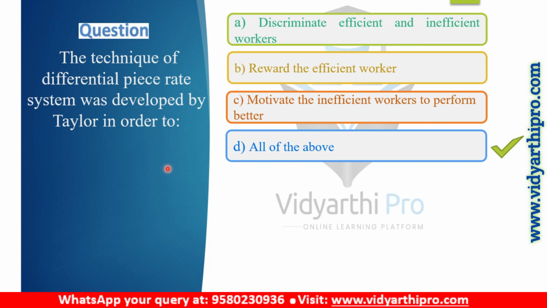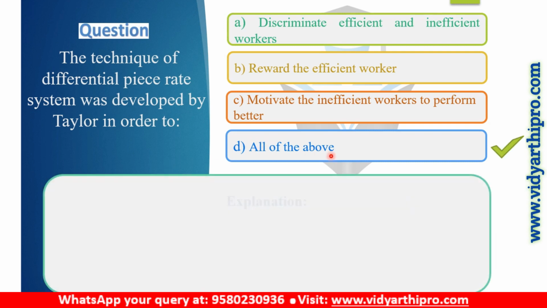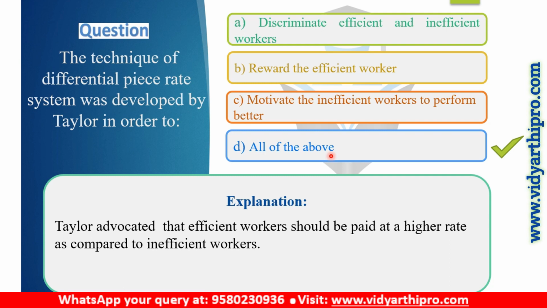And the correct answer for this question is option number D, all of the above. These are all techniques of the differential piece rate system developed by F.W. Taylor. Taylor advocated that efficient workers should be paid at a higher rate as compared to inefficient workers.